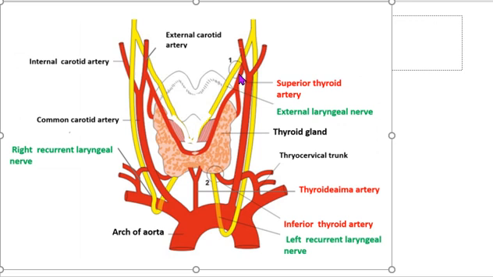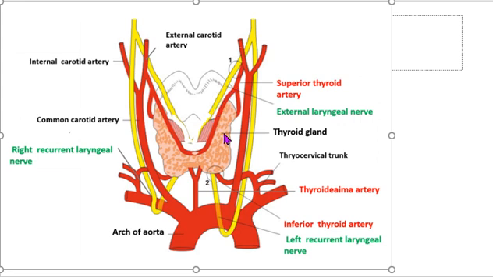You see, it lies close to the external laryngeal nerve at its proximal part, and they diverge, and the superior thyroid artery becomes superficial and the external laryngeal nerve becomes deep. Therefore, during thyroidectomy, the superior thyroid artery should be ligated close to the apex of the thyroid gland to avoid injury to the external laryngeal nerve.